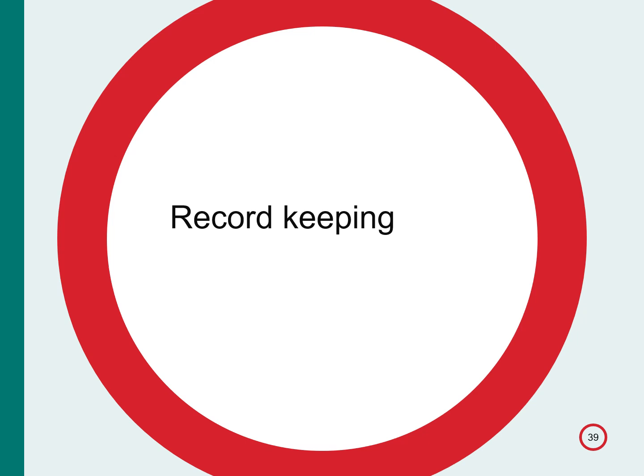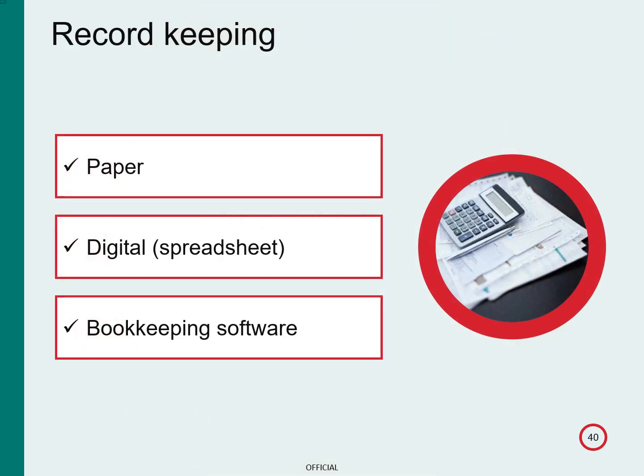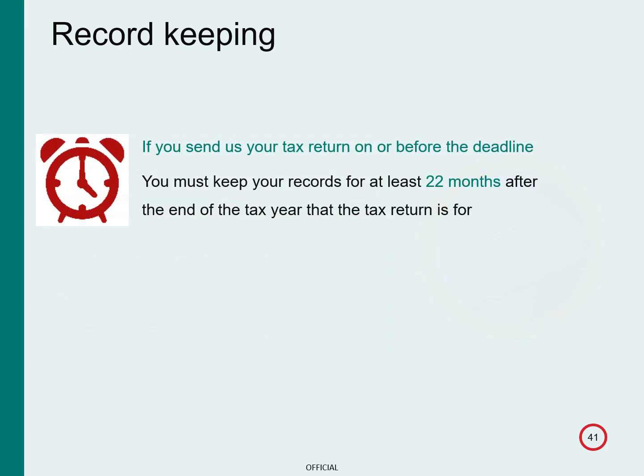You'll need to keep records to be able to complete your tax return correctly. There are no rules on how you must keep records. They can be kept on paper, digitally, for example, a spreadsheet, or on bookkeeping software. If you send us your tax return on or before the deadline, you must keep your records for at least 22 months after the end of the tax year that the tax return is for.